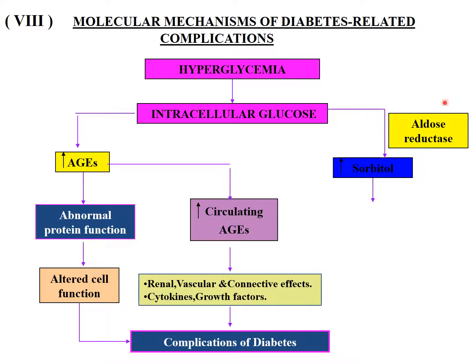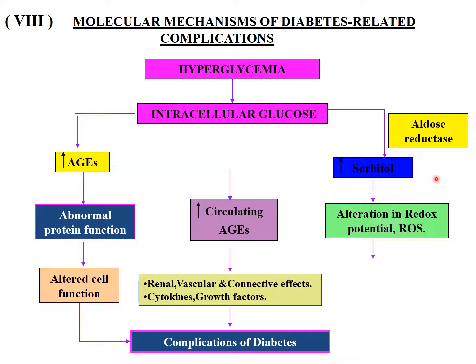There is another pathway which explains the mechanism of damage due to raised blood glucose levels. That includes the aldose reductase system, where increased hyperglycemia converts a lot of glucose into sorbitol, and these sorbitols again alter the reduction and oxidation potential of various molecules, which further generates a lot of free radicals that in turn alter the cell function and ultimately complicate the diabetic status.